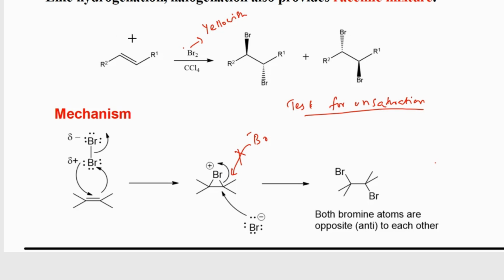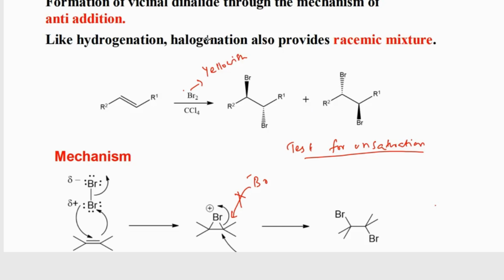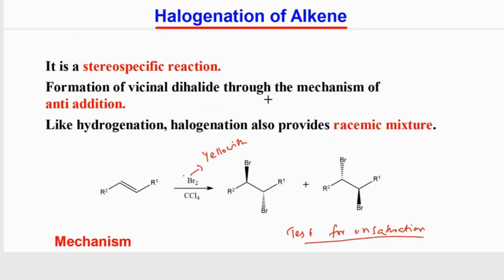When we add it to an unsaturated compound, this yellowish color suddenly disappears. If that happens, we can confirm that the compound contains a double bond or triple bond, or simply that it is an unsaturated compound. So this reaction is mostly useful to classify whether a compound is saturated or unsaturated. This is a very useful test in qualitative analysis. So we learned the halogenation of alkene.